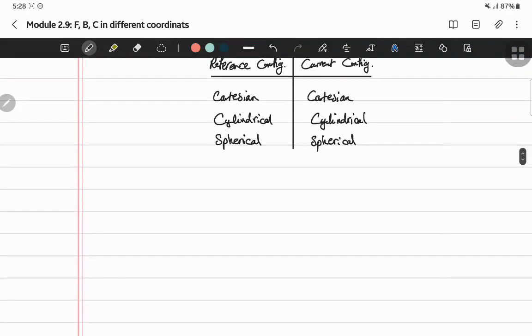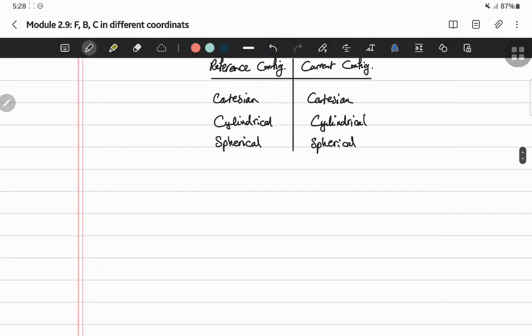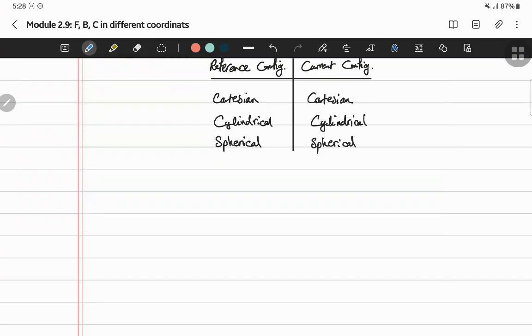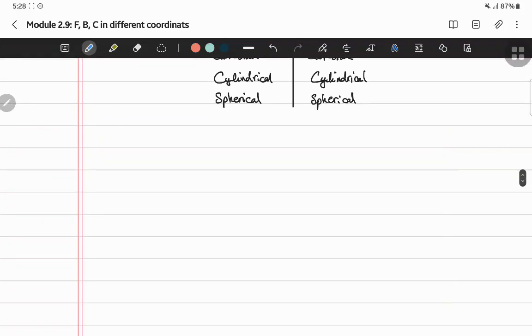All right, so today we're going to get into the cylindrical coordinate system for both the reference and current configuration.